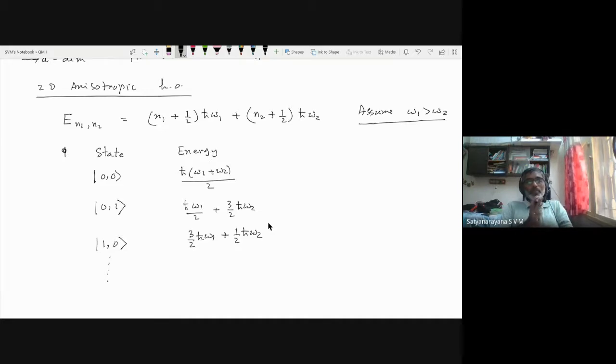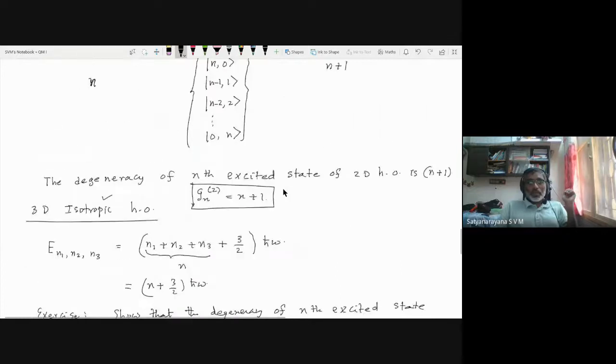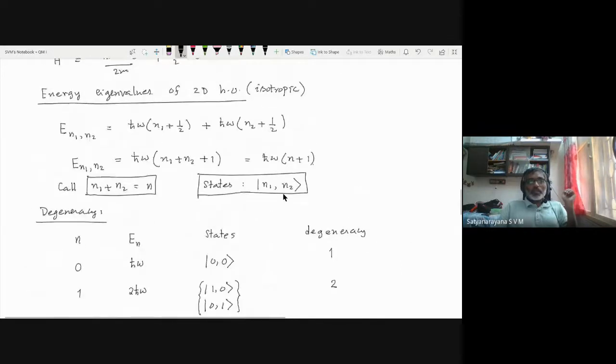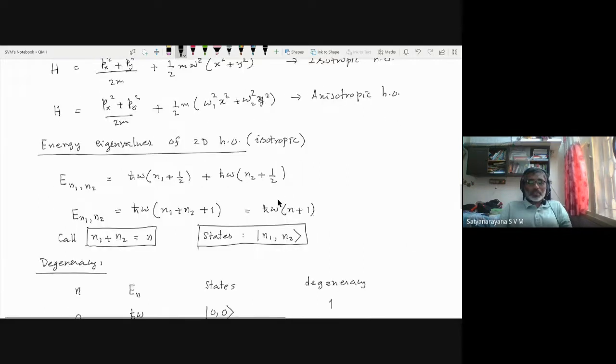So it is only in the isotropic harmonic oscillator that we have degeneracy. The same thing is true in the three-dimensional anisotropic harmonic oscillator. So the isotropy is important for the emergence of this degeneracy in the energy levels.